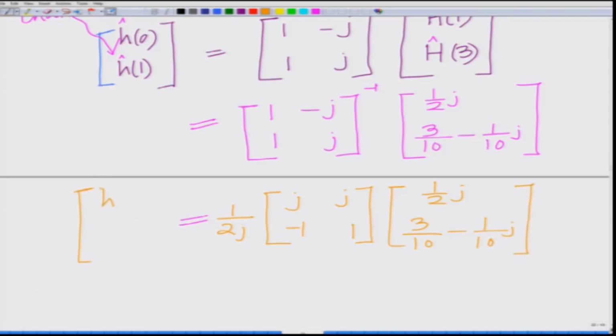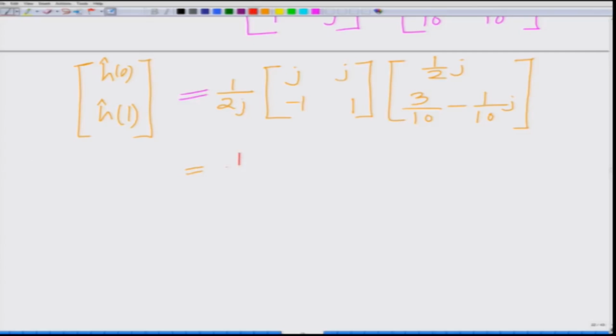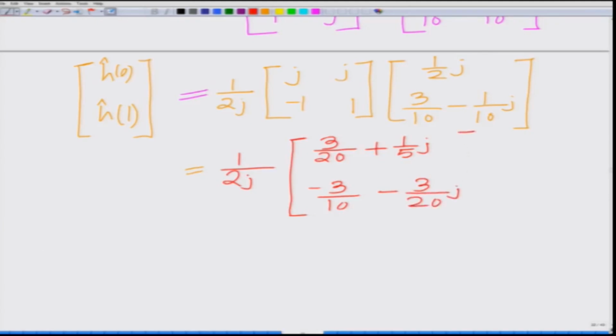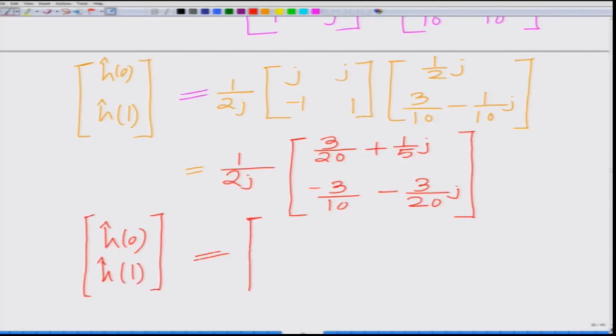These are the estimates of the time domain channel taps h hat 0, h hat 1, and now multiplying, I can find this as basically 1 over 2 j times (3 by 20 plus 1 by j) minus 3 by 10 minus 3 by 20 j, and now finally you can compute these estimates of the time domain channel taps as basically, oops, I think this is not completely correct.